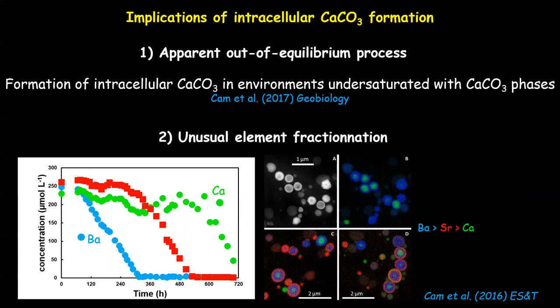And what it means is that you can observe formation of carbonate in an environment where you should not have calcium carbonate. So that's the first thing. The second thing is we also observe some unusual element fractionation by those bacteria and the carbonates formed by them. Here, we cultured cyanobacteria in a solution where we added barium, strontium, and calcium, and we are looking at the evolution with time of the concentration of barium, strontium, and calcium in the solution.